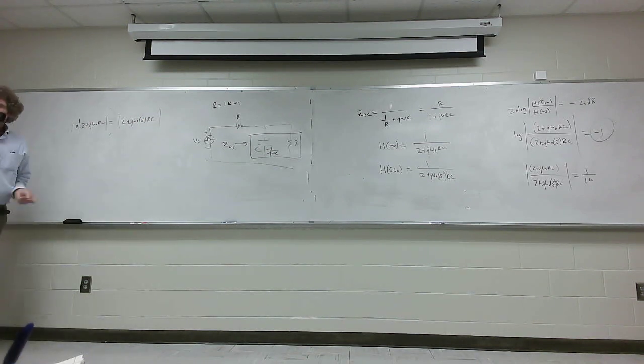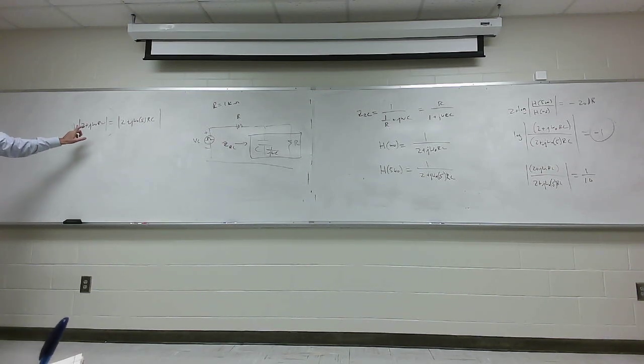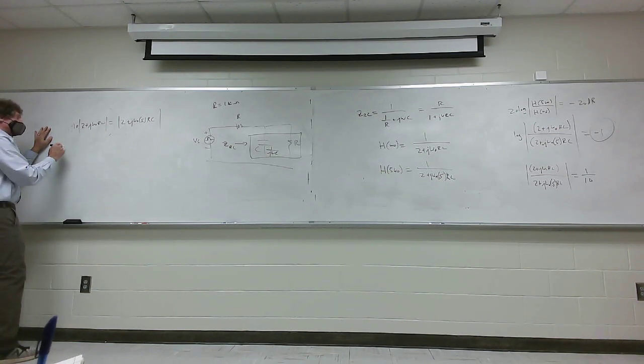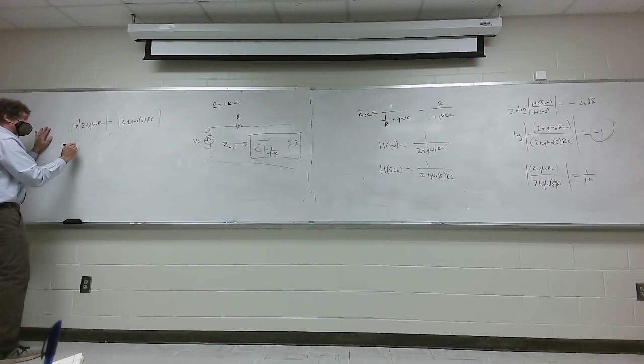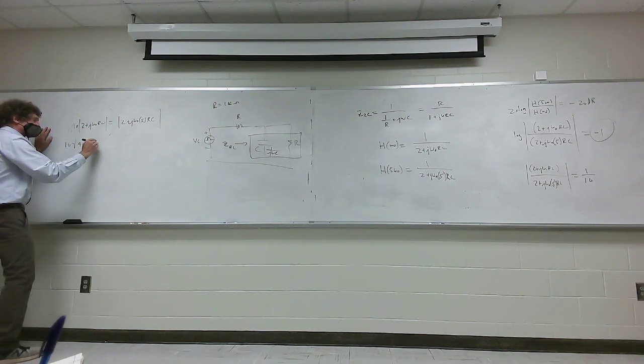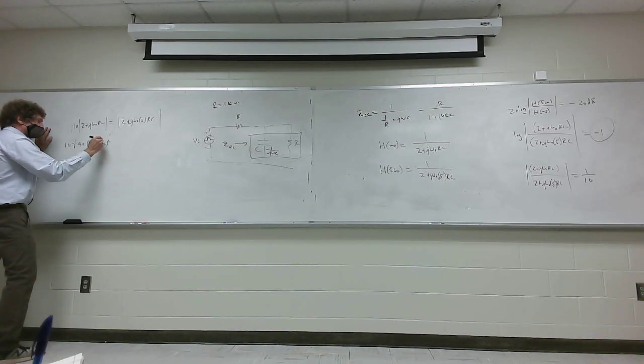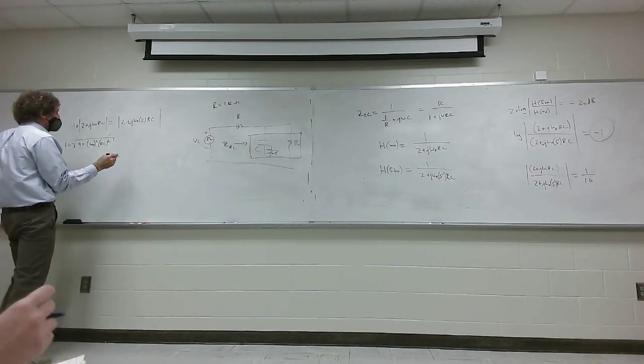Do y'all agree with that, class? Work with me, y'all follow me? Here, I've got to make sure I put magnitude. Now, if you've got magnitude, that means what? Well, it's 10 times the square root of 4 plus omega naught squared times r times c squared, right?